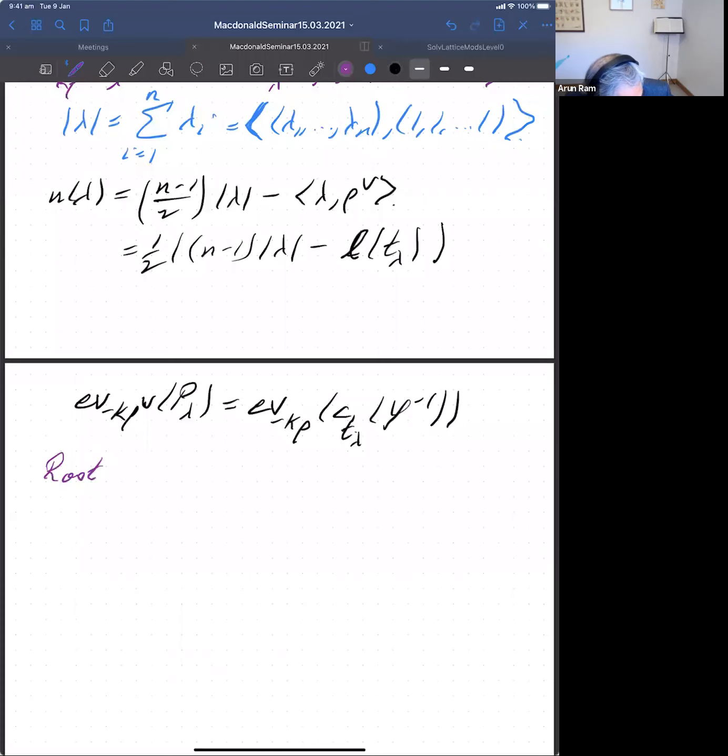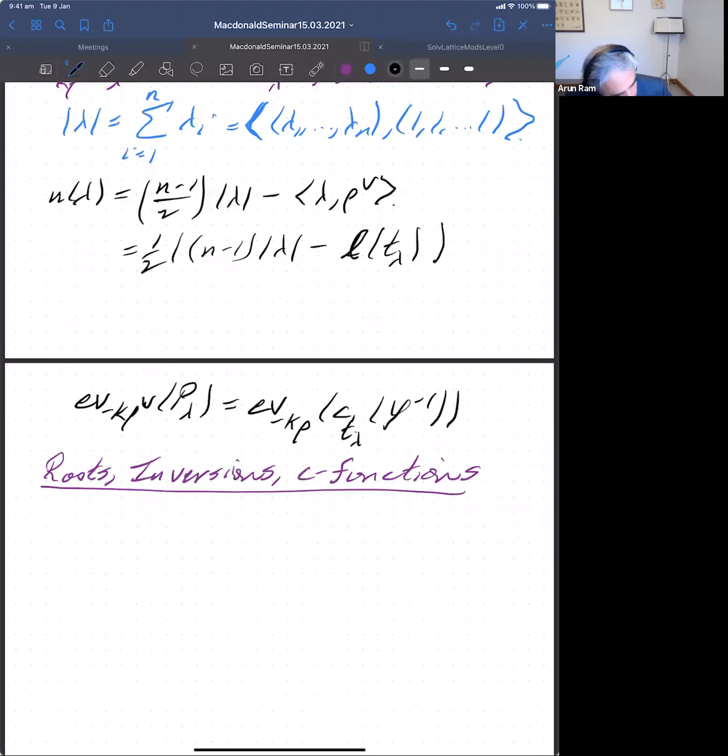Everything of this combinatorics, I'm finally starting to see it in terms of roots and inversions and C functions, which I think are really the fundamental structures. So we already saw sometime the affine Weyl group.